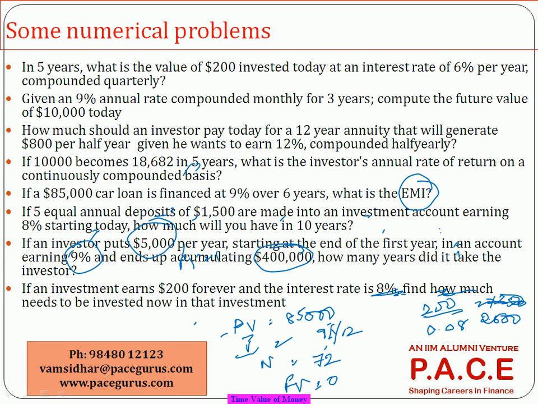Today there are some bonds which have come into the market. They are called perpetuity bonds. If I'm not wrong, Tata Power has come out with a perpetuity bond. Of course, they have given options that if you want to exit at any point, after 10 years or after 15 years, you can exit. But otherwise, it's a perpetuity bond.